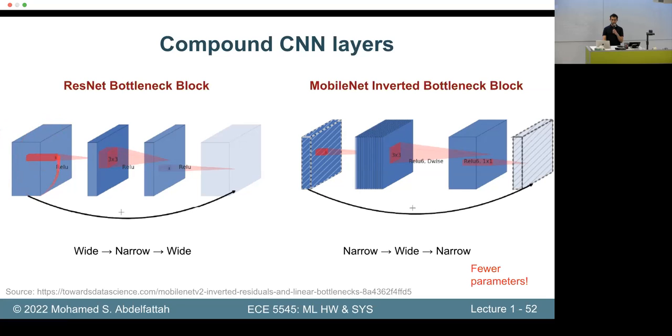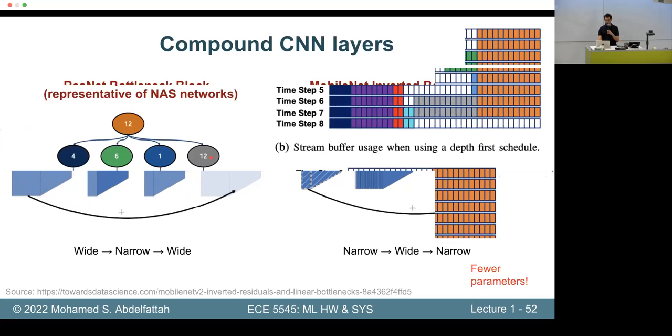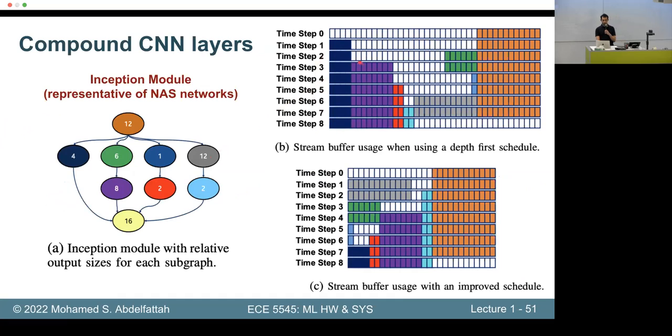In this case, I need to have enough storage to keep this whole thing on chip while I'm computing those intermediate layers, because I then need to use it for computation again downstream. So usually it has a lot of implications on on-chip buffer management and on-chip buffer allocation. And that's why it's important to manage these on-chip memory resources efficiently when you have multiple branches or skip connections and the like.